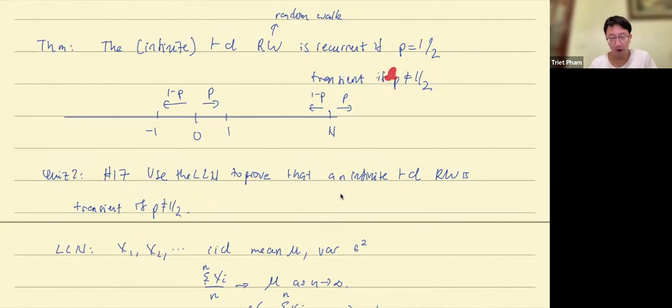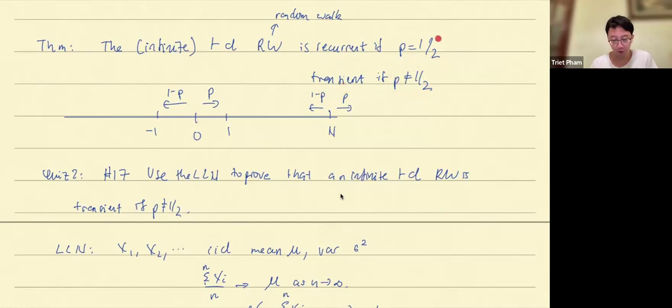If we had proved if and only if, then yes, you can do the contrapositive. But here we don't have the contrapositive. So the contrapositive of what we proved is if it's recurrent, then P is 1/2.